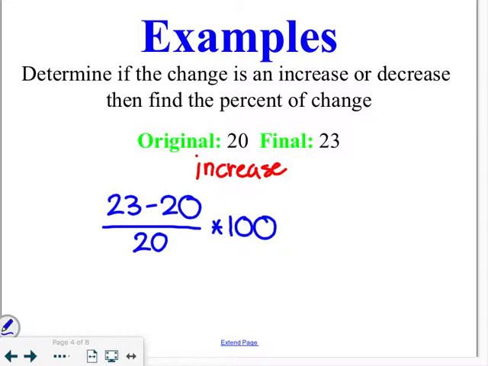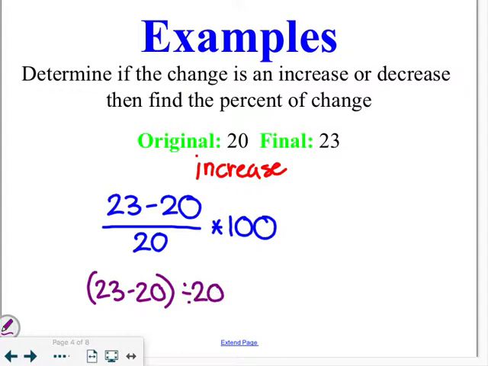You can plug this into your calculator all at once, but there is one key thing that you need to do if you are going to do that. You would type this into your calculator with parentheses around the numerator. If you forget those parentheses around the numerator, the calculator is going to follow order of operations, and it would do the division before it would do the subtraction.